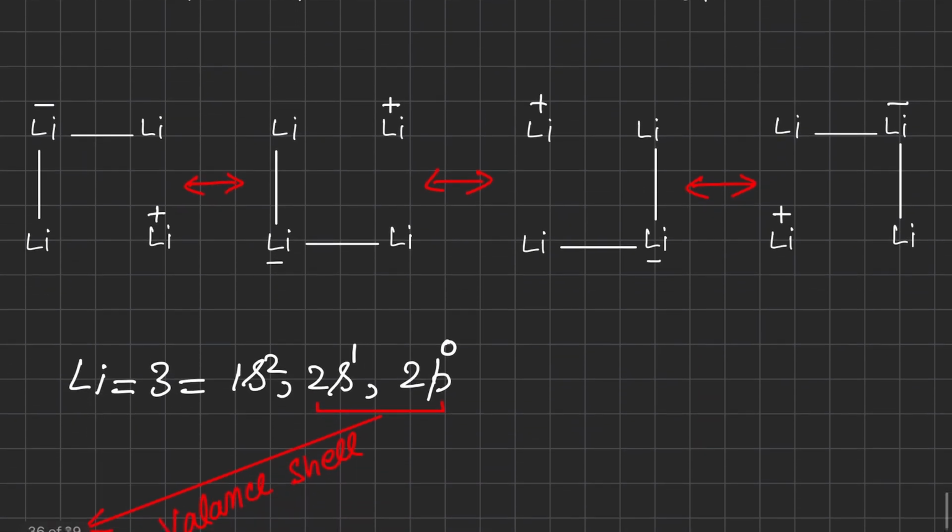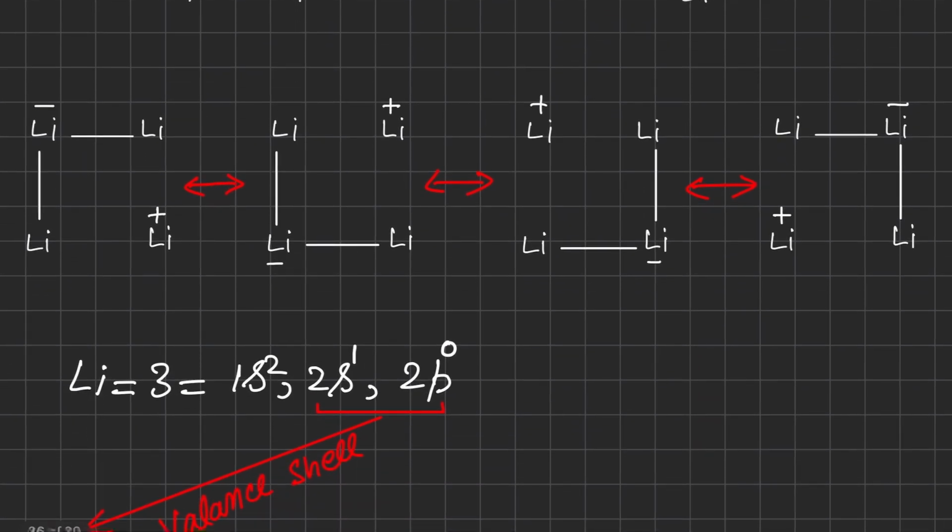The other thing is that if this lithium atom loses an electron and this electron is gained by this lithium atom, it will be converted into positive, whereas this lithium atom will be converted into negative form. Now this has two unpaired electrons, so it can combine with two other atoms. So in place of one bond, two bonds are formed, plus a third, an ionic bond, is developed between these two elements because of the presence of charges.